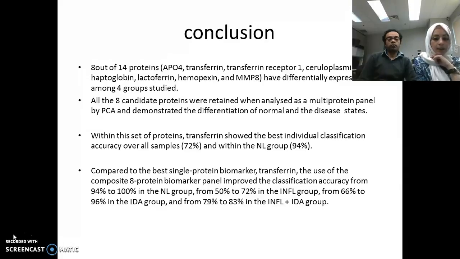Within this set of proteins, transferrin showed the best individual classification accuracy, over the sample 72%, and within the NL group 94%.